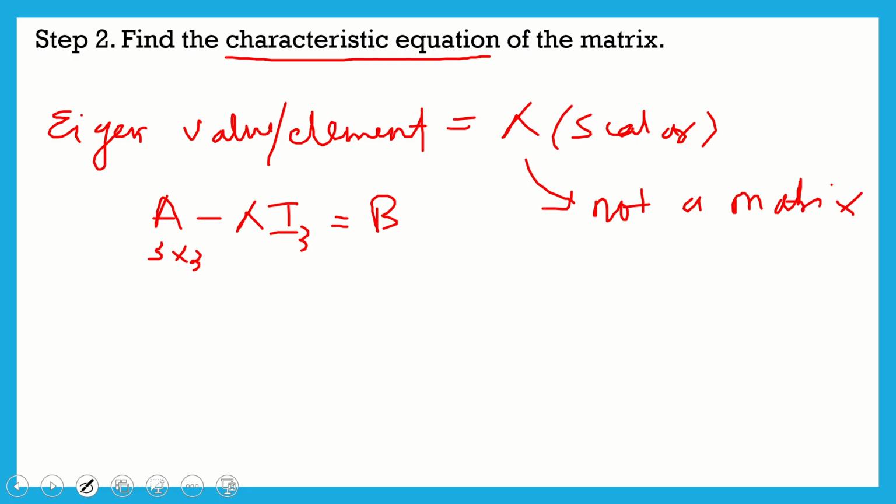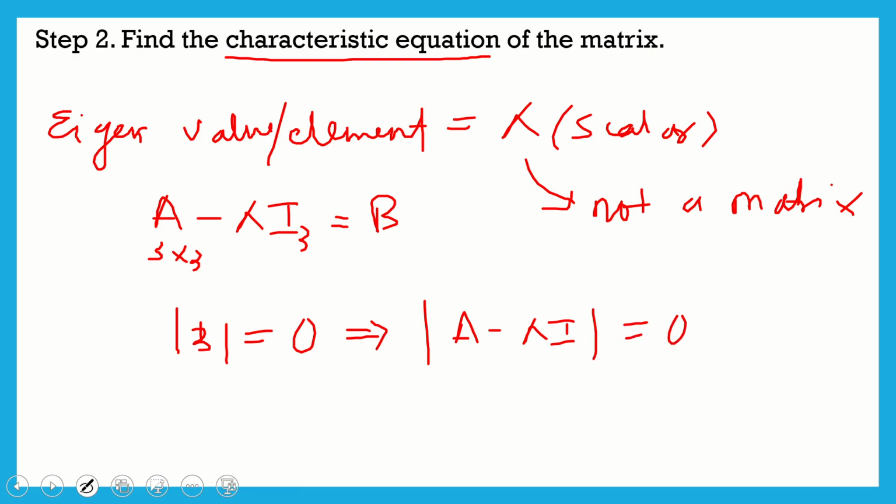We are doing the addition and subtraction, so you will get some matrix B. Now what you should do, the determinant of matrix B you have to equate with 0. So indirectly, I can say mod of A minus lambda I, or I3, is equal to 0.